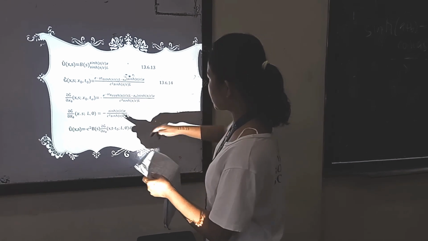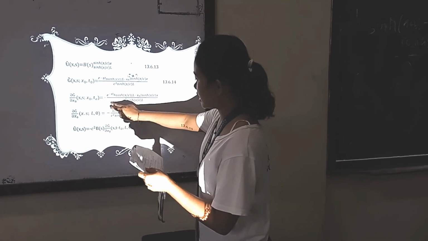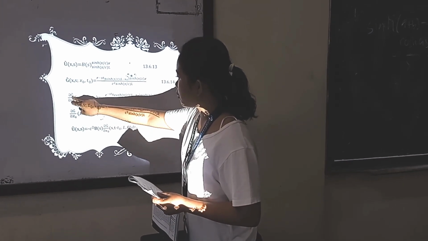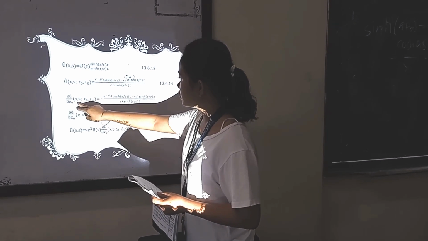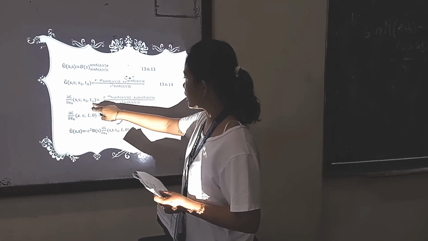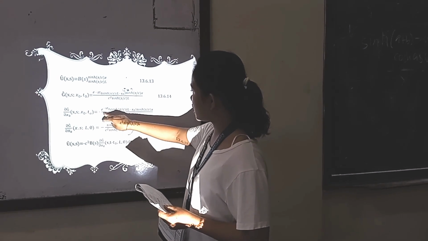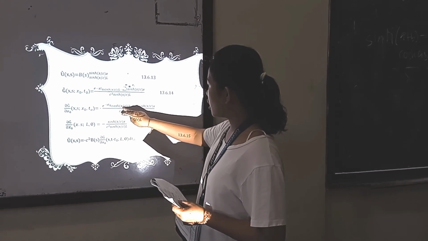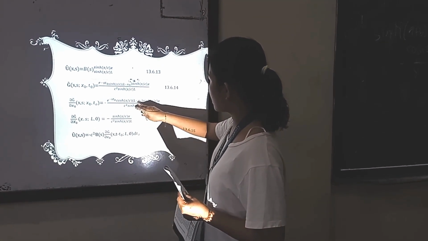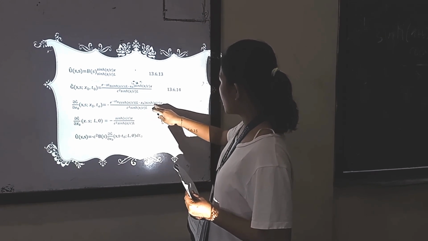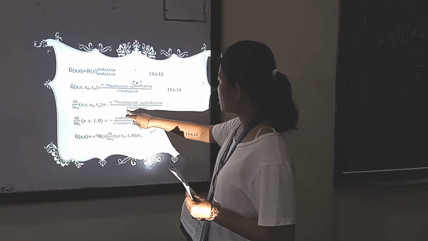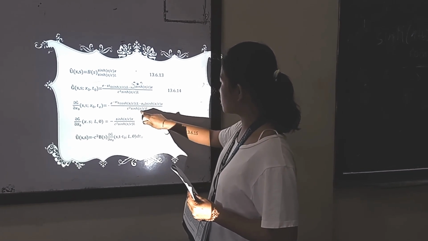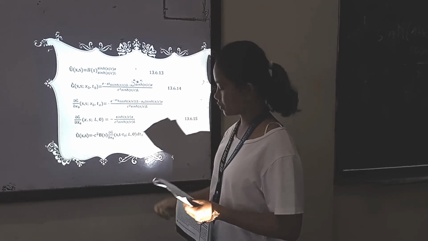We note that x naught equals l and t naught equals 0. Then the derivative of G bar with respect to x naught of x, s; x naught, t naught equals negative e to the negative s t naught times cosh of s over c times l minus x naught times sinh of s over c x, over c squared sinh of s over c l.